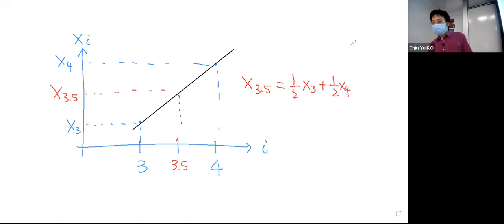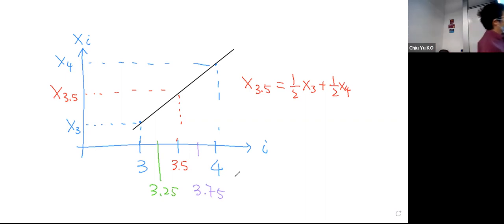So the question now is what happens if we have the following, right? The data position now is 3.25, okay? And the other possibility, you can imagine, is 3.75. There are two possibilities, right?